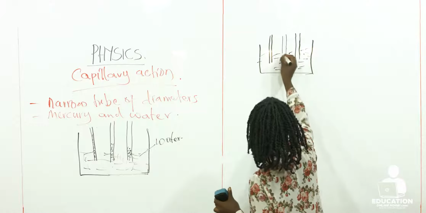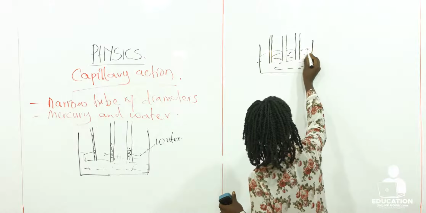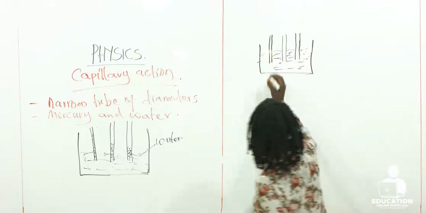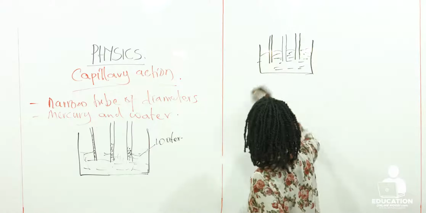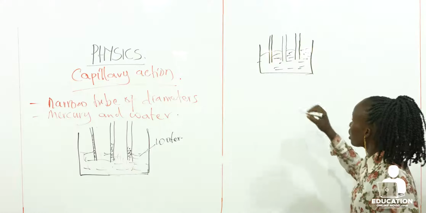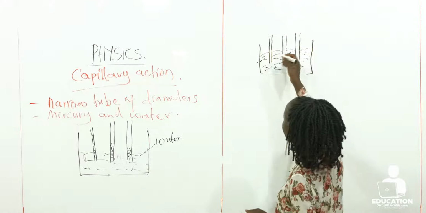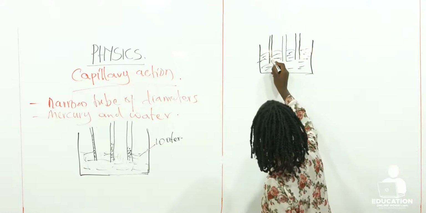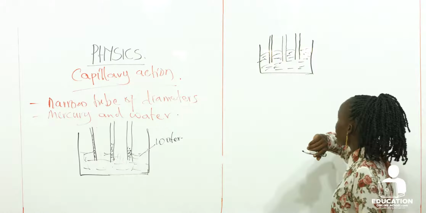So this time, we said the meniscus of mercury curves from the outside, a convex shape. When it is like this in mercury, instead of the liquid rising up, it is going to fall below the liquid level.